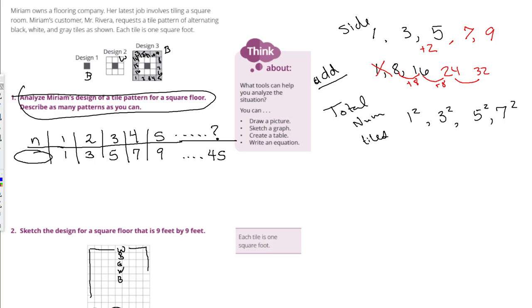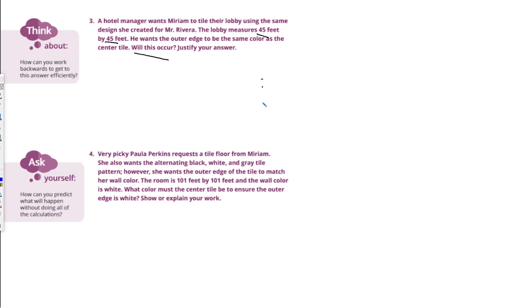Well, if we're trying to come up with this rule, we talked about that we're adding 2 each time, so 2n. So let's look at 2. 2 times 2 is 4. Now if I have minus 1, will it give me 3? Yes. 2 times 3 is 6. Subtract 1, does that give me 5? Yes. So my pattern that I'm repeating is 2n minus 1.